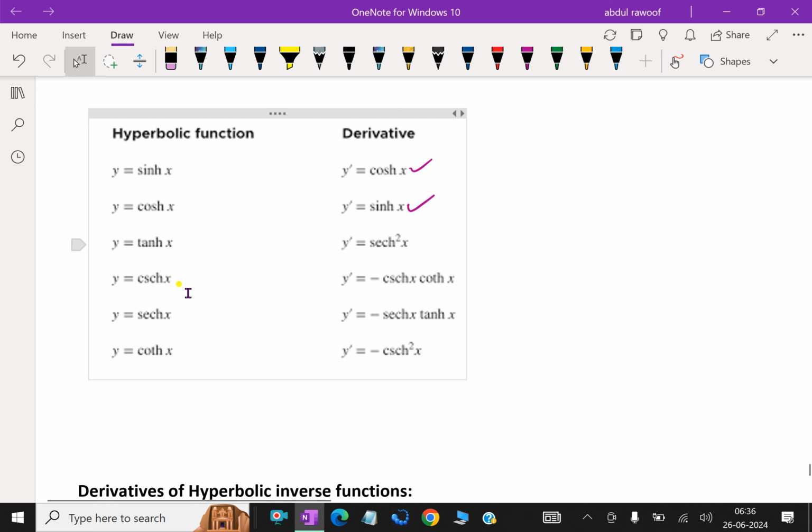The derivative of cosech x is minus cosech x coth x. Sech x is minus sech x tanh x. The derivative of coth x is minus cosech squared x.